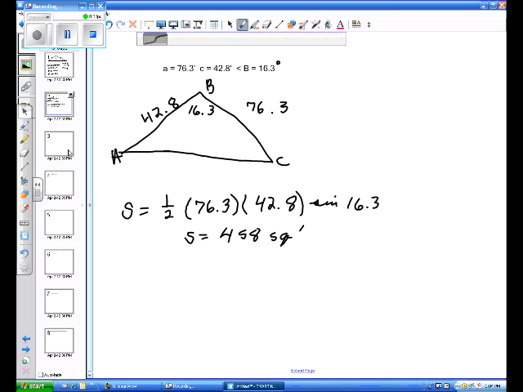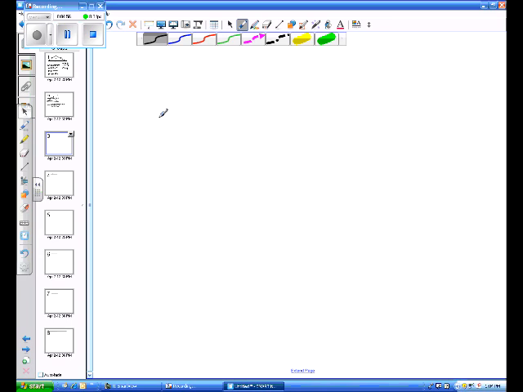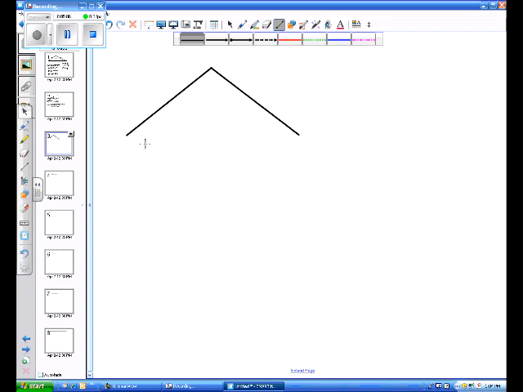Okay, we want to look at, well, what if we were given two angles and a side? We want to see what happens. So we have a triangle, and let's say in this one we were given two angles and a side.